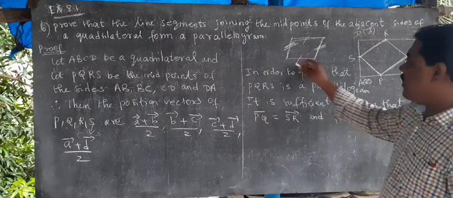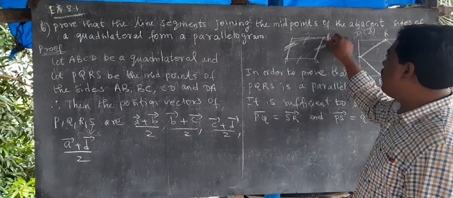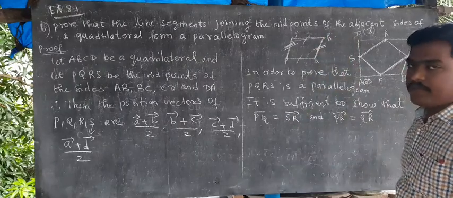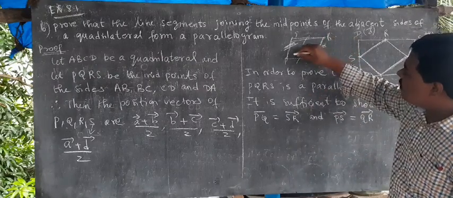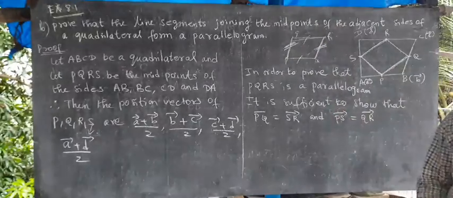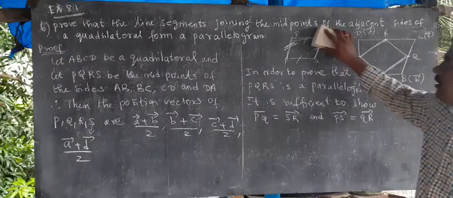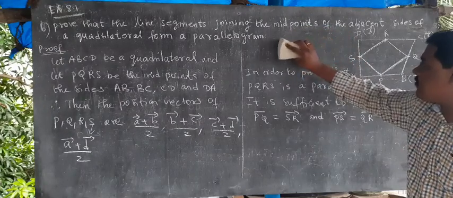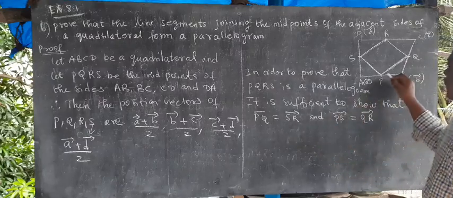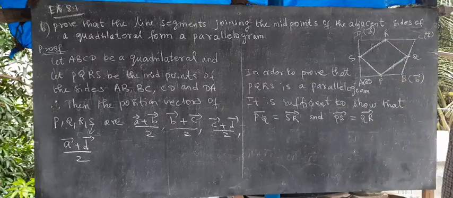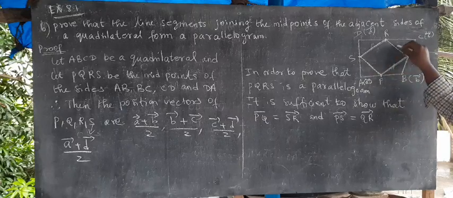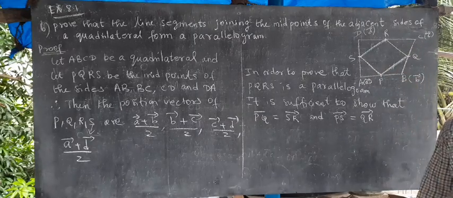So here PQ is equal to SR, and QR is equal to PS, or PQ is parallel to SR. Both meanings are the same. Clear? So what we need to prove is PQ vector equals SR vector, and likewise PS and QR, opposite sides equal or parallel.